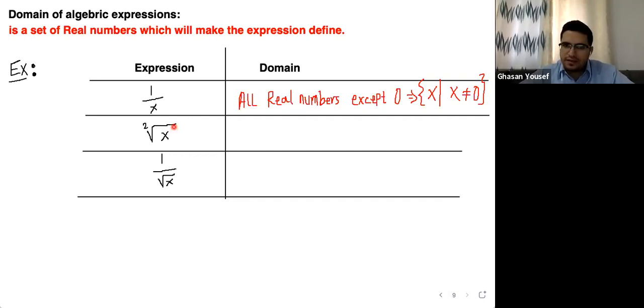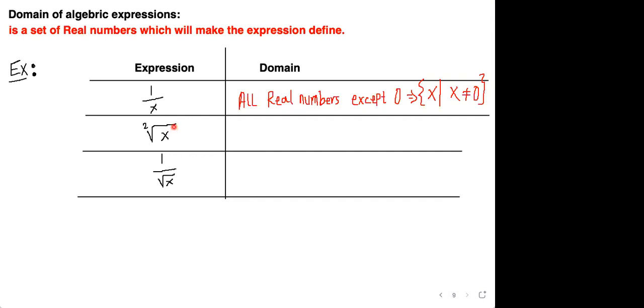Can I plug negatives here, like the square root of -5 or -4? I don't think you can ever square root a negative number. Exactly.